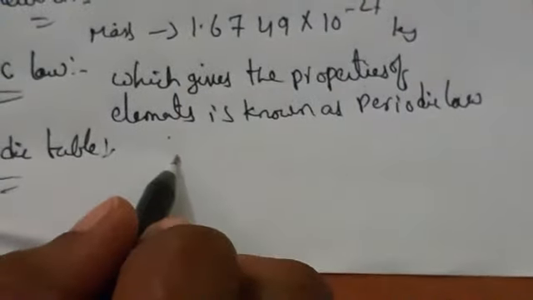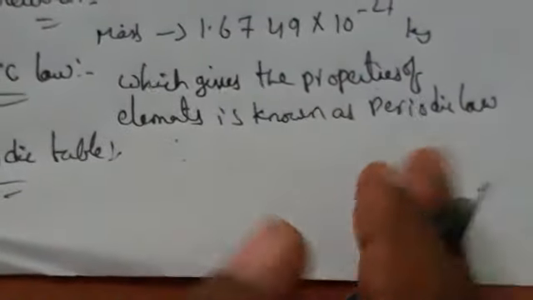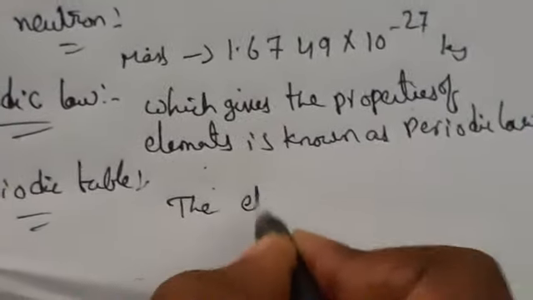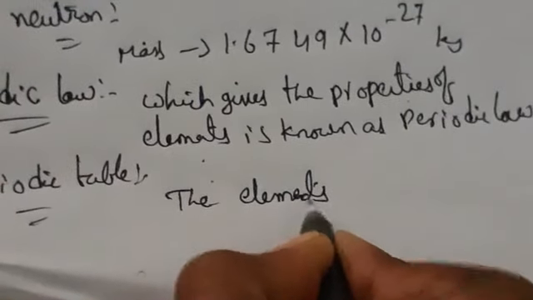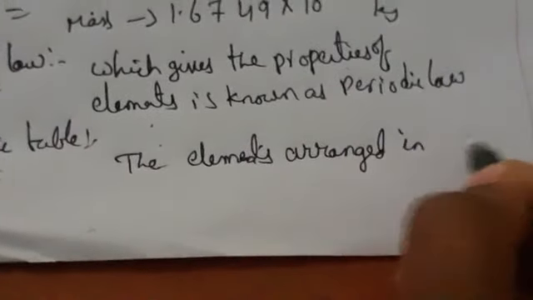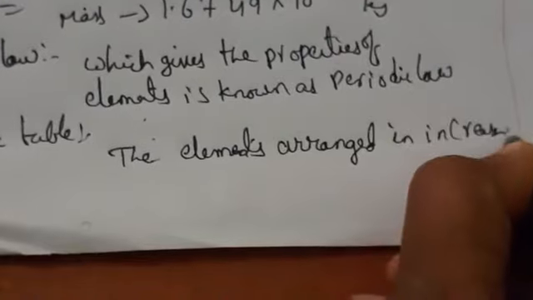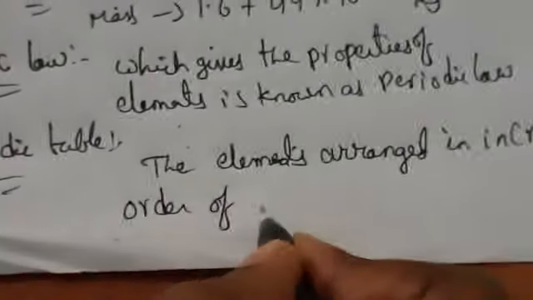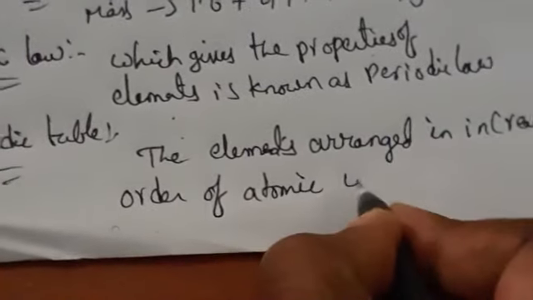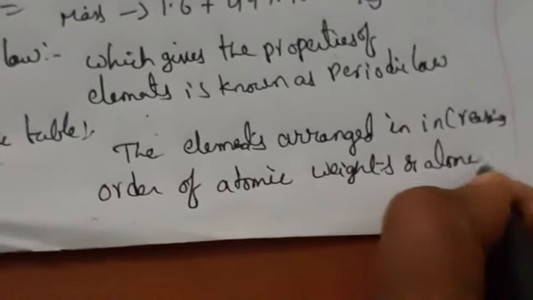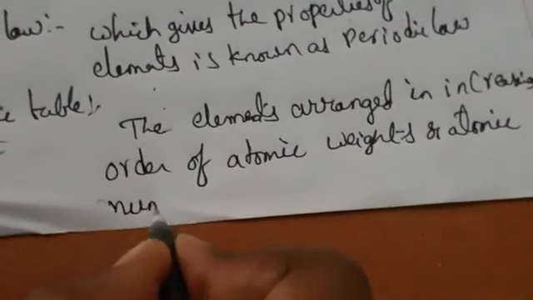And the table means the chart of elements arranged in increasing order of atomic weight or atomic number.